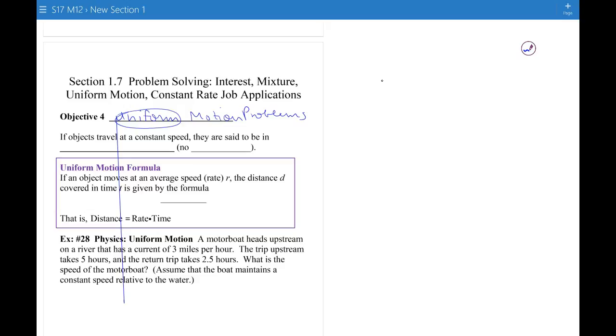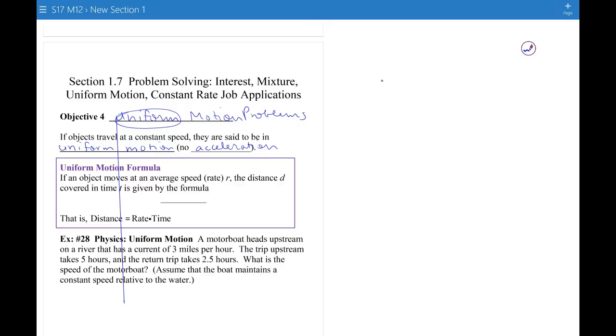So if you're going 5 miles an hour in the problem, you keep going 5 miles an hour. If you're going to allow the speed to change, that's when we need calculus. So we're going to stick with uniform motion. And if objects travel at a constant speed, they're said to be in uniform motion. Another way of saying this is that there's no acceleration, because acceleration changes your speed.